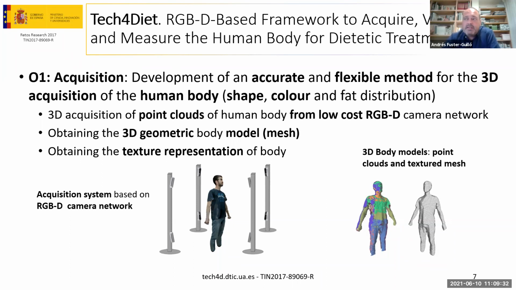The first one is the 3D acquisition of point clouds of the human body using low-cost RGBD cameras. The second task is obtaining the 3D geometric body models using meshes. And the third task is obtaining the texture representation of the body to get realistic representations of the people.